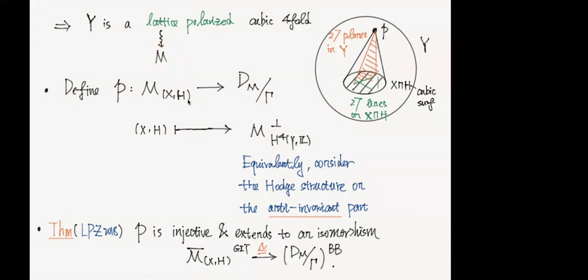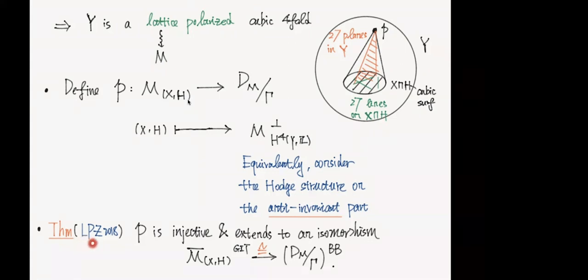Sorry, I forgot to mention, the H^{3,1} part of the Hodge structure can only be in the orthogonal complement of this lattice. So basically here we take the Hodge structure on the transcendental part, or equivalently the anti-invariant part. That gives us a period map.